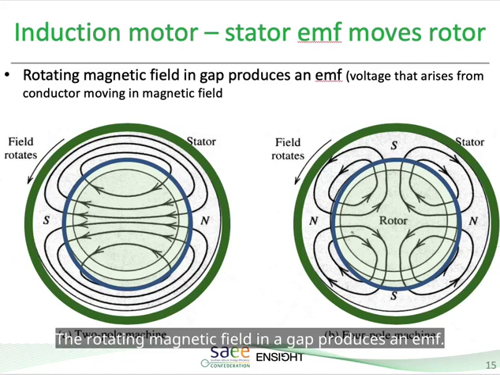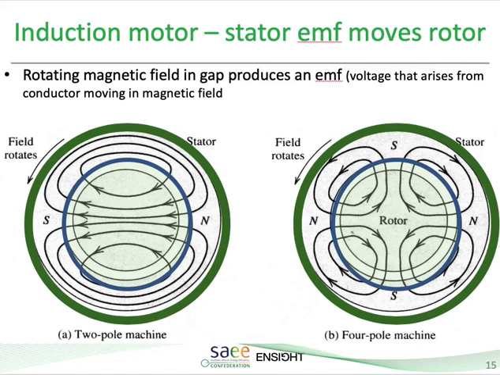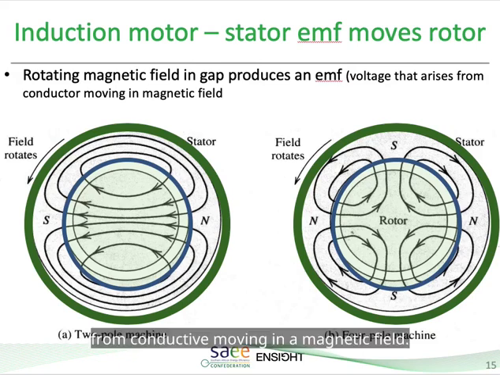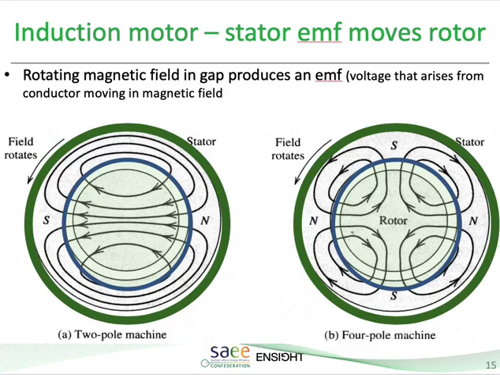The rotating magnetic field in the gap produces an EMF. It's a voltage that arises from a conductor moving in a magnetic field. Remember, a two-pole motor has high speed due to fewer poles. Conversely, a four-pole motor has low speed due to more poles.